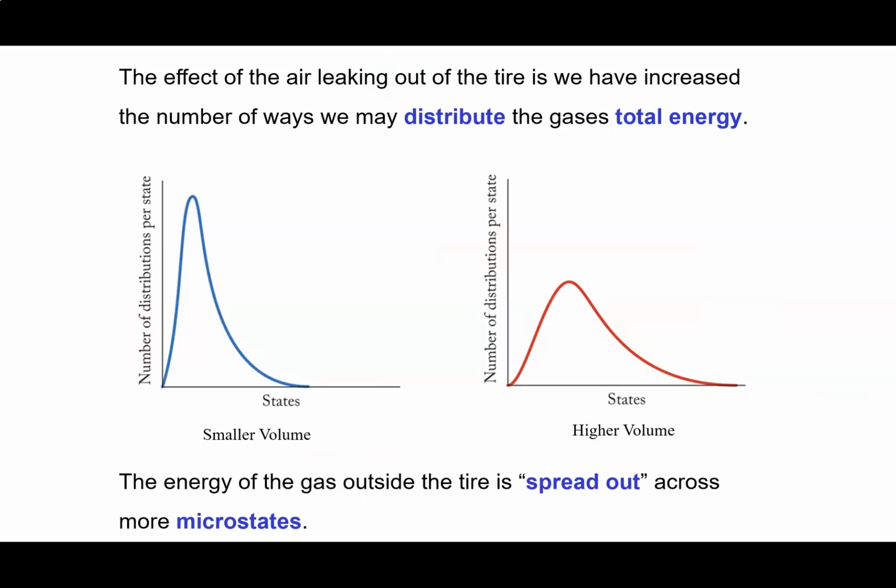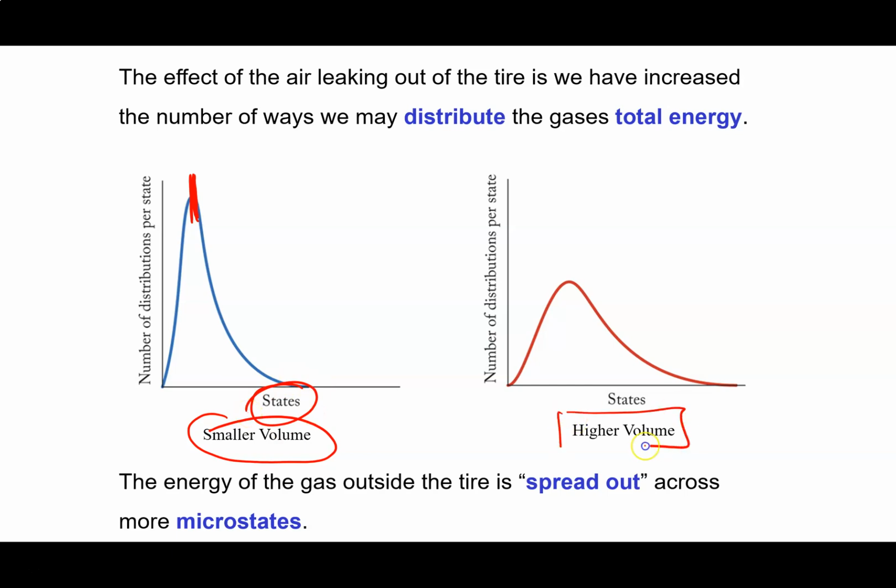The effect of the air leaking out of the tire is that we've increased the number of ways that the gas can distribute its total energy. When it's contained in the smaller volume within the tire, because the number of translations that are possible is reduced, we have a fewer number of these microstates.